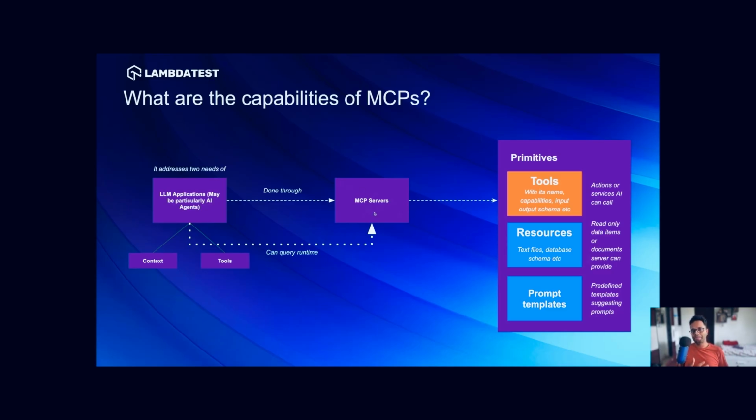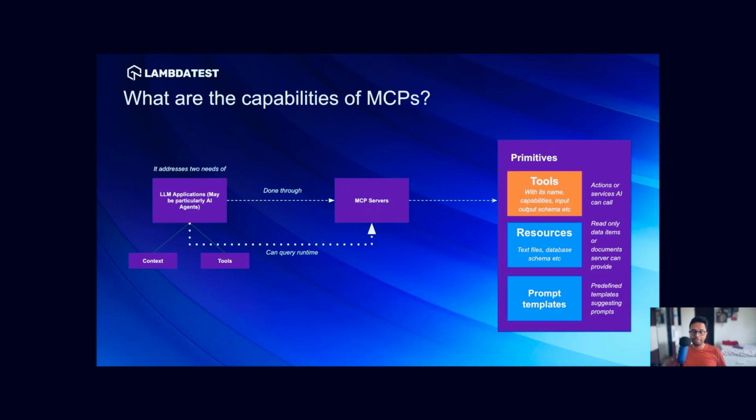Now these MCP servers basically advertise mainly three different primitives. Now what are those primitives? Your first primitive is tools, with their name, capabilities, input-output schema, and everything. These help the agent to take actions or take the benefit of other service APIs to get more context or do some actions, which can also be a POST call, not just a GET call.